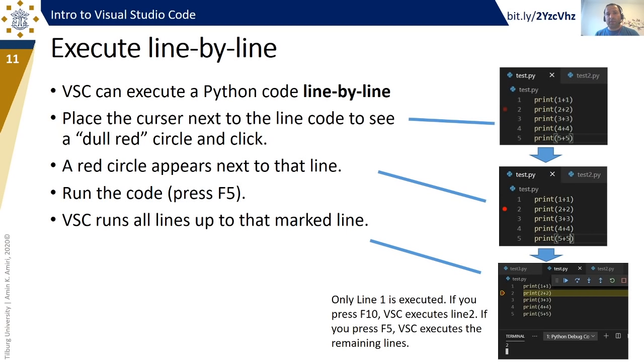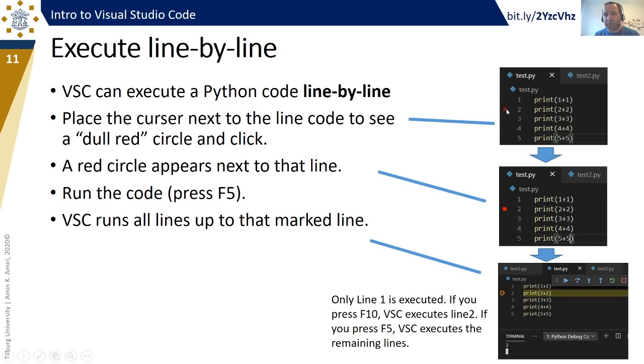You can also execute the commands line by line, and that's another great thing about VS Code. The thing is that you just need to add a breakpoint to a line. So you need to place the cursor next to the line that you want to start line by line execution from.